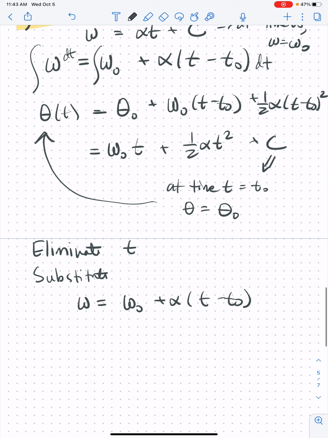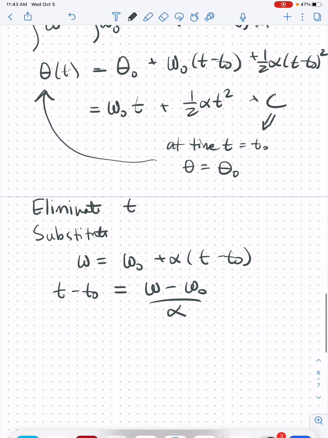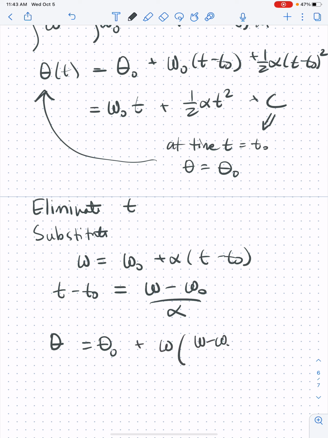So if we solve for t minus t naught, t minus t naught is omega minus omega naught over alpha. And then if we substitute that in for t minus t naught above, then we will have theta equals theta naught plus omega naught times omega minus omega naught over alpha plus 1/2 alpha times omega minus omega naught over alpha, squared.